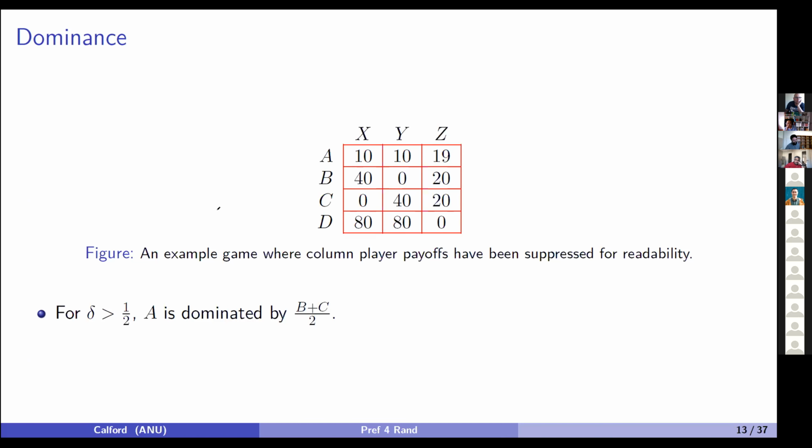And A only pays 10. So when delta is high, A is dominated by a half B, a half C.